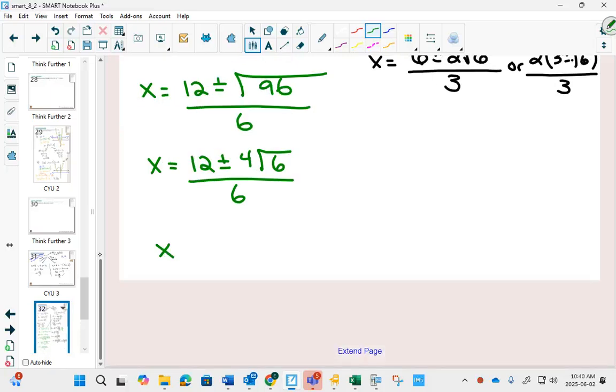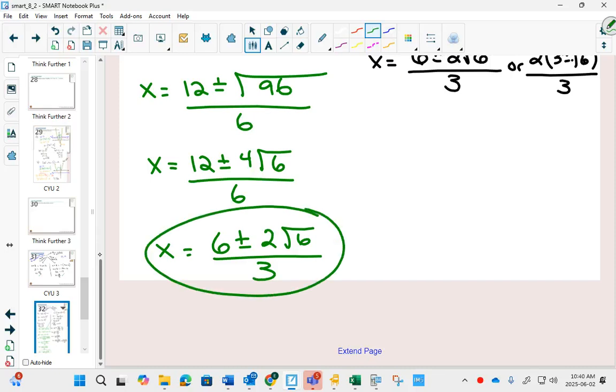And then here, the 12, the 4, and the 6, everything can be divided by 2. So you would get the same answer with the quadratic formula. Using the quadratic formula, you didn't have to rationalize the denominator, but you still had bigger numbers to work with, and you still had to simplify your radical and write your equation in lowest terms.